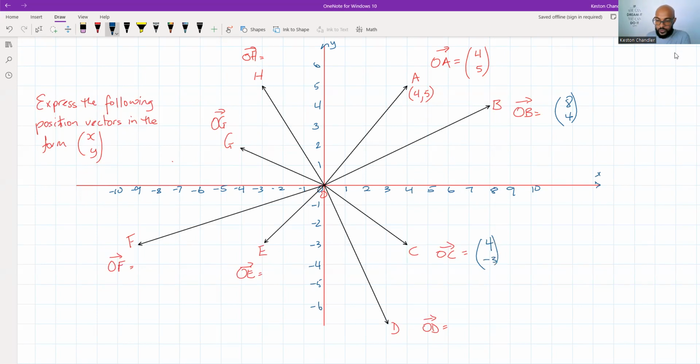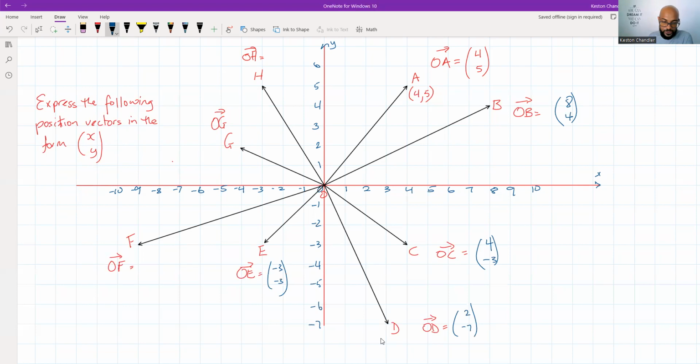Right, so on this quadrant of our Cartesian plane or the graph, the X is going to be positive and the Y is going to be negative. This one here, this is actually -7 long here. Right, this is going to be 2, -7. Right, OE is going to be -3, -3.